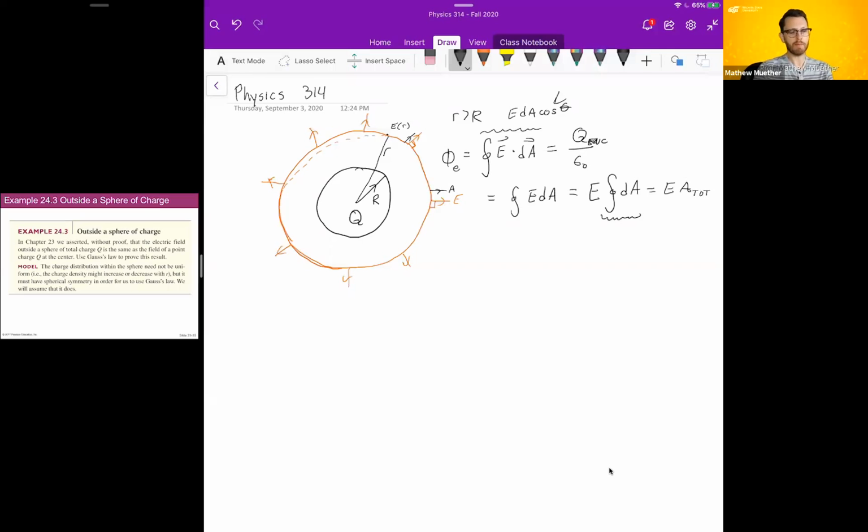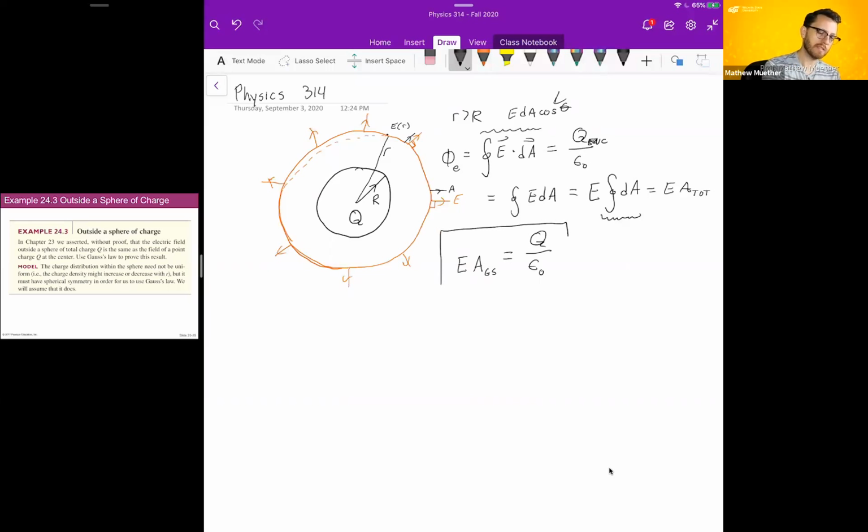Because I picked a Gaussian surface that followed the symmetry of the underlying charges, this integral reduces to just the strength of the electric field times the area of that Gaussian surface. And that has to equal the total charge enclosed, which in this case is just Q. We can see the entirety of the charge in that sphere is inside of my Gaussian surface, divided by epsilon naught.